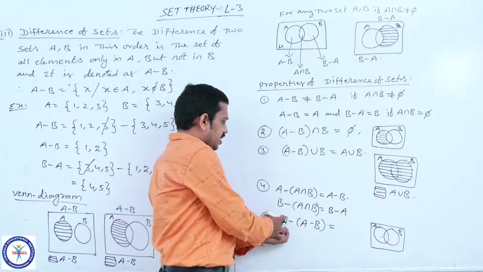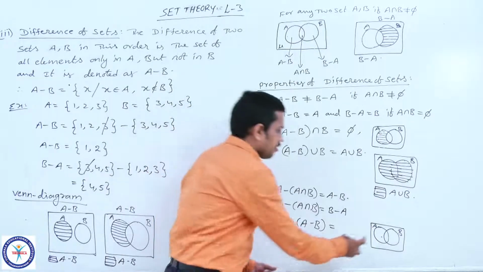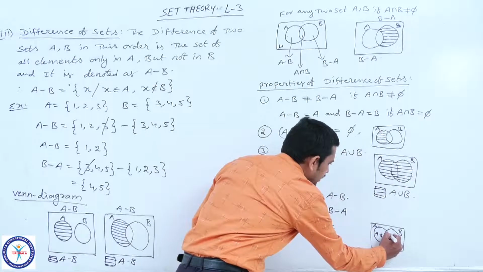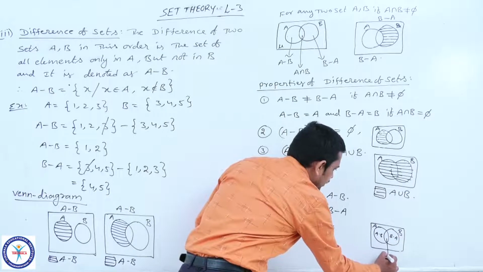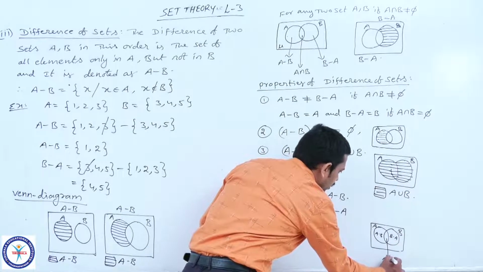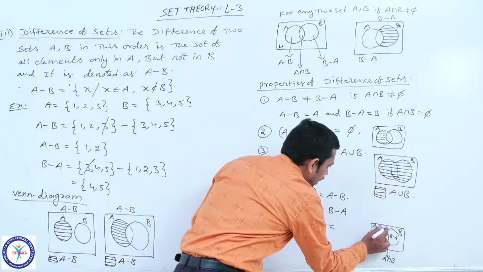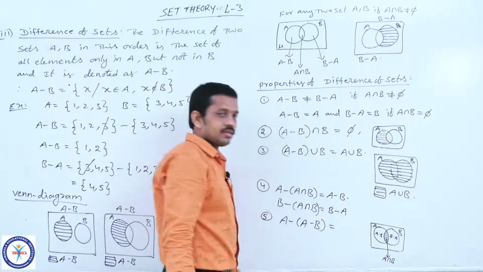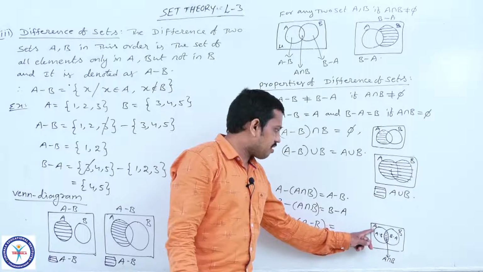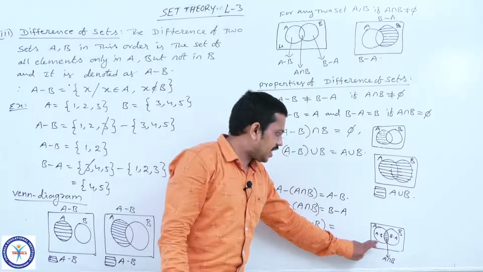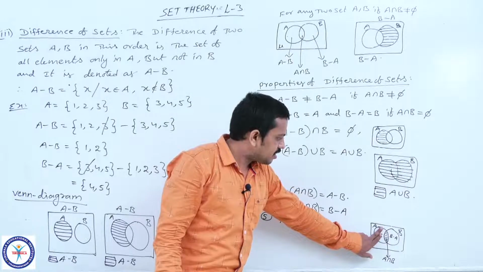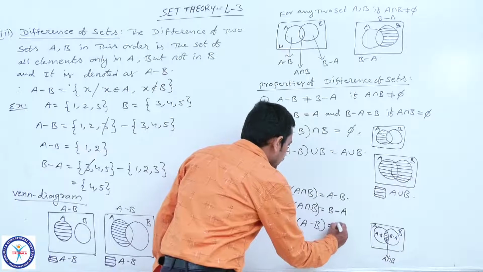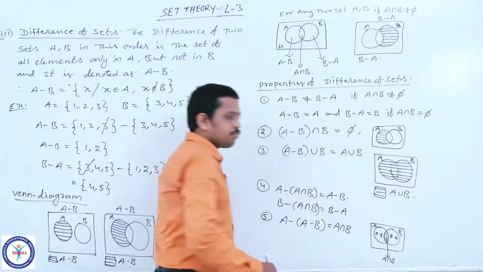This is A minus B, this is B minus A, and this is A intersection B. From set A, if we exclude the region A minus B, then we have A intersection B. So A minus of A minus B is equal to A intersection B.